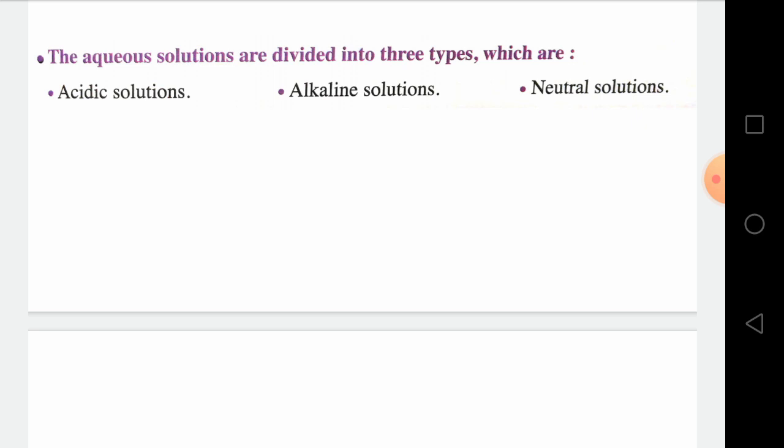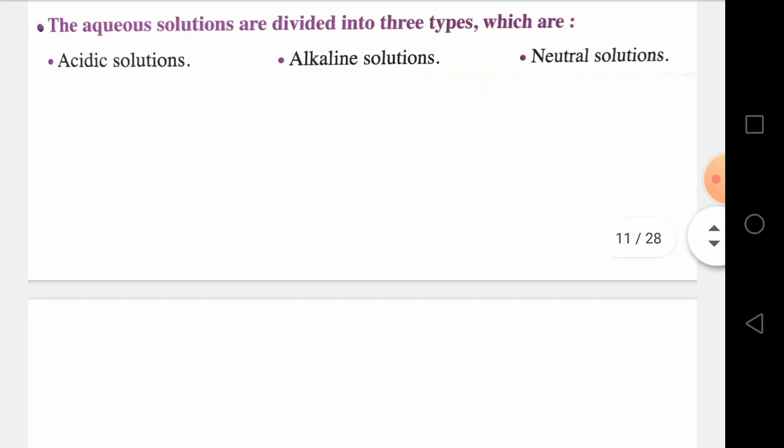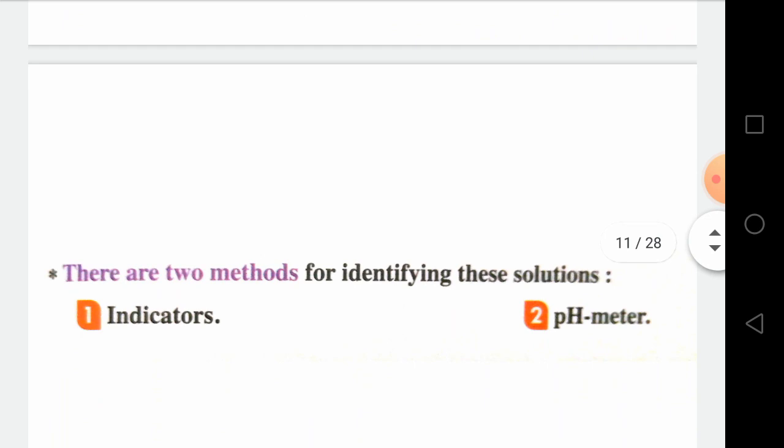The alkaline solution has a concentration of hydroxide ion higher than the concentration of hydrogen ion, while in the neutral solution the concentration of hydrogen ions equals the concentration of hydroxide ions.